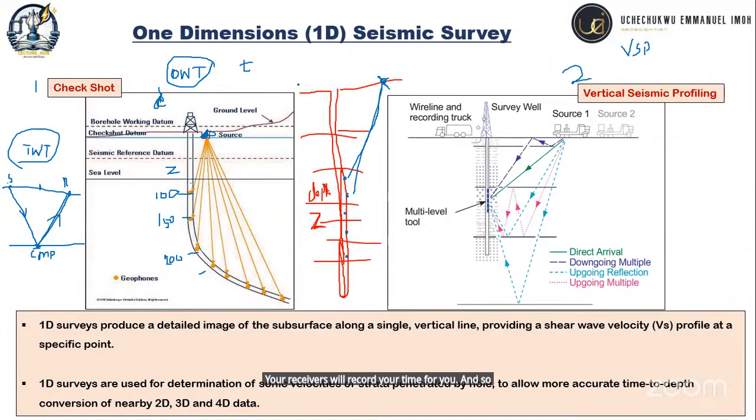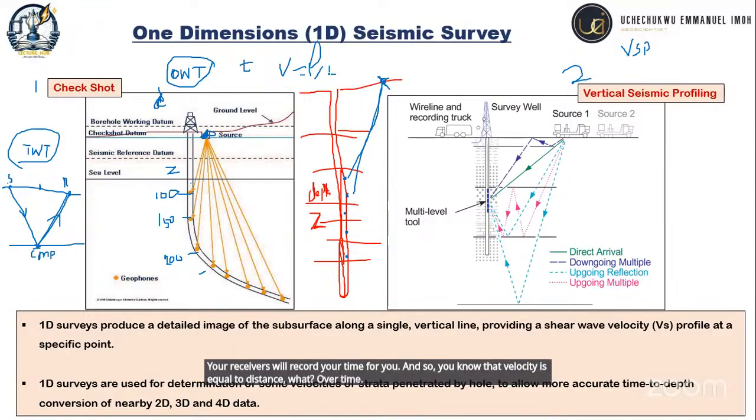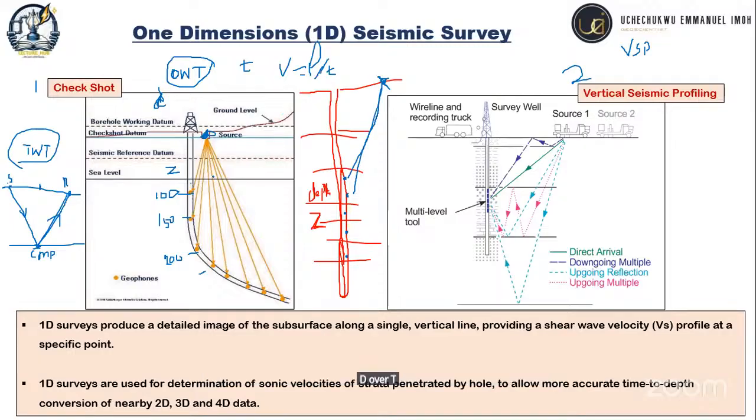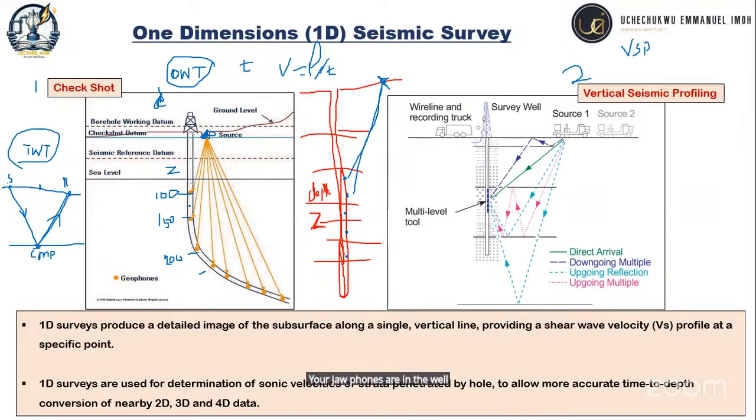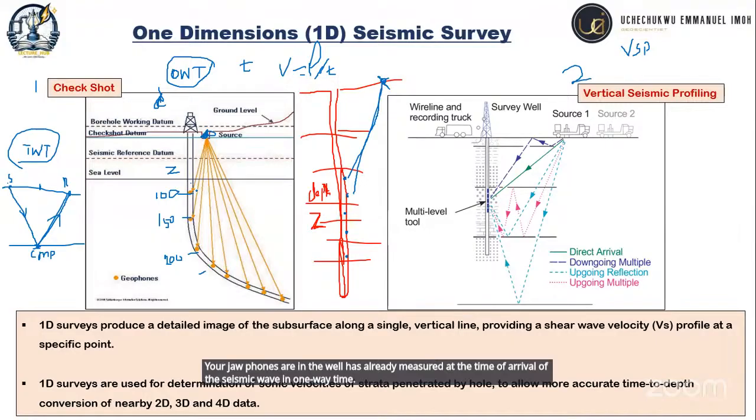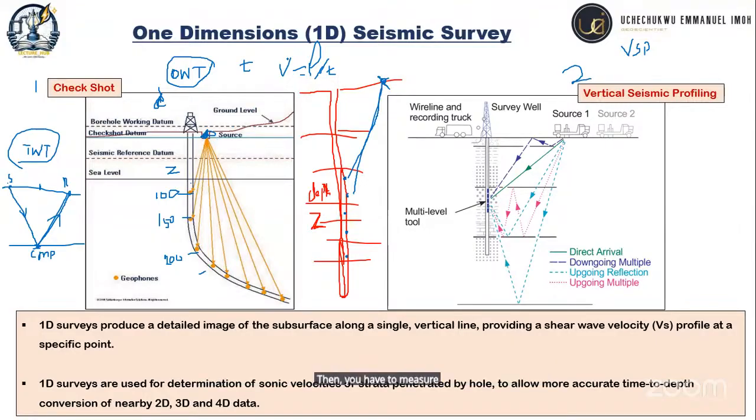You know that velocity is equal to distance over time, d over t. You already have your distance. You're the one that placed the geophones in the well, so you know their depth, which is distance. Your geophones in the well have already measured the time of arrival of the seismic wave in one-way time. Then you are now going to interpolate the velocity.